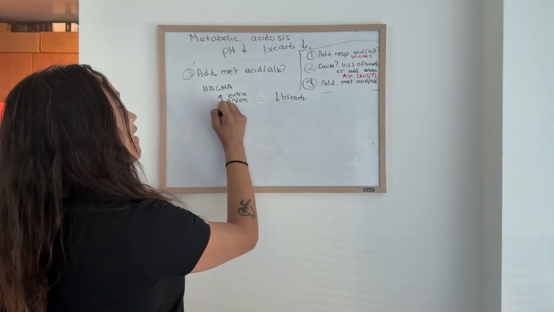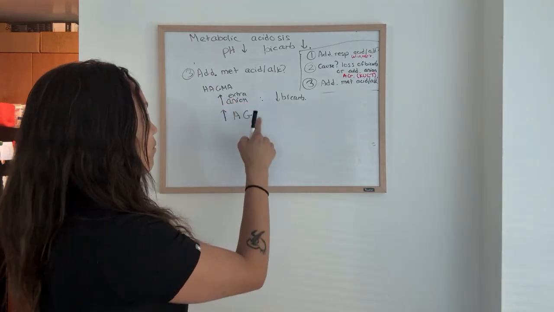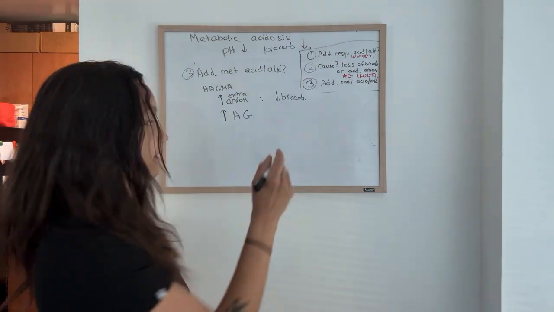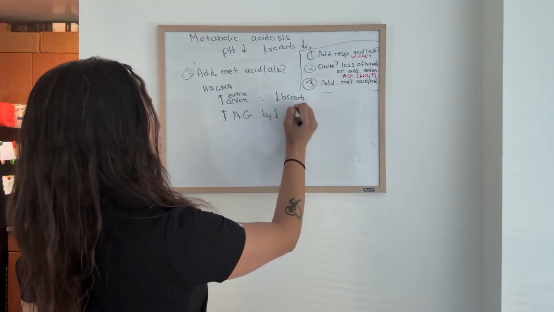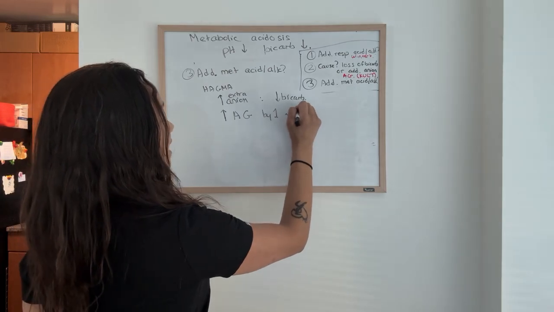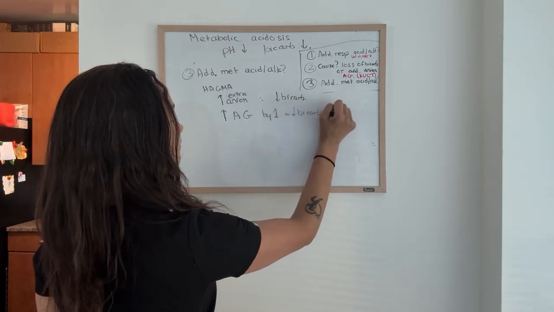So this means that every time my anion gap goes up by 1, every time I have additional unmeasured anion, that means my bicarb should go down by 1.